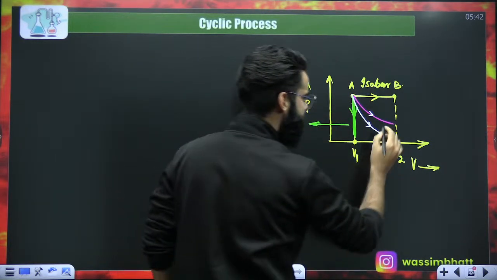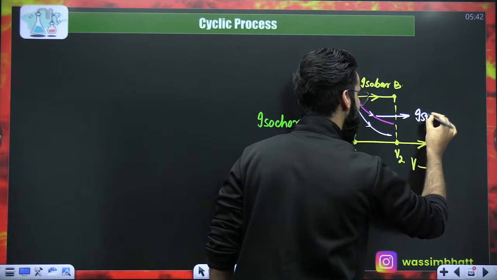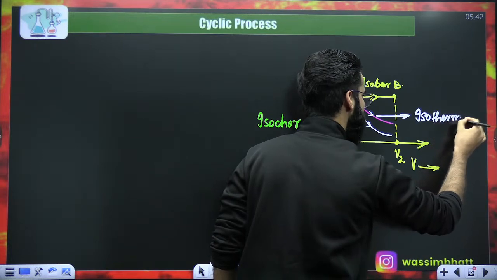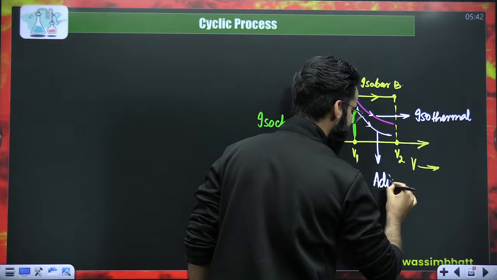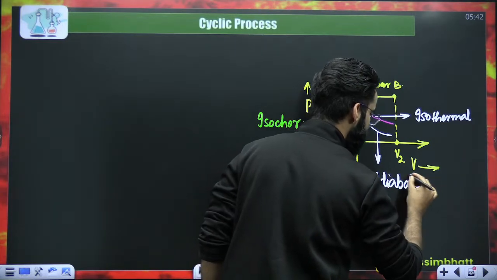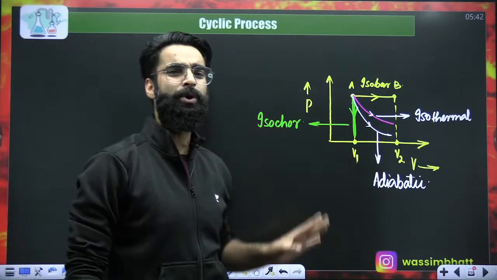The curve which touches your fingers first has to be the isothermal curve, and the other one automatically becomes the adiabatic curve. This is something which I told you in the last session.